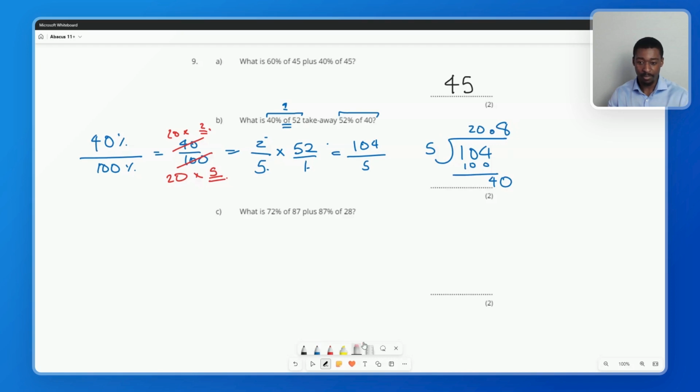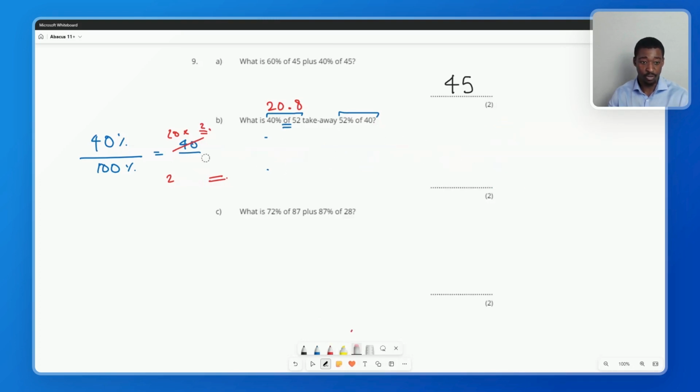So that means that overall 104 divided by 5 is 20.8.